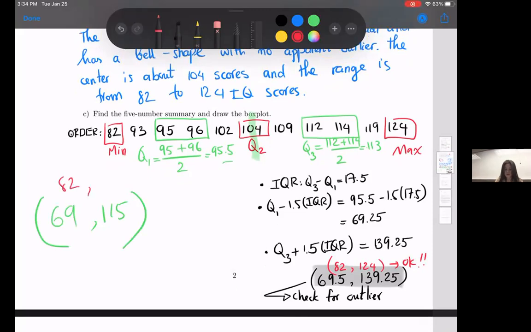But what's above 115? 119 and 124. So these are your outliers, your little dots that you put above the little line. Does that make sense? And then your maximum now is going to become 114. That's your maximum.